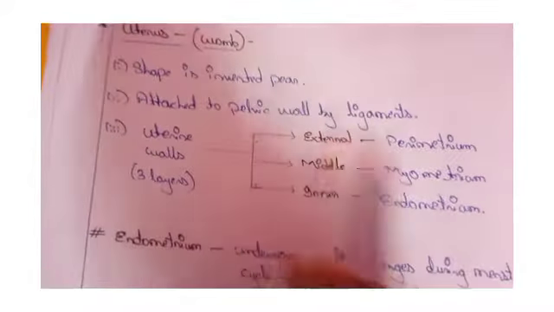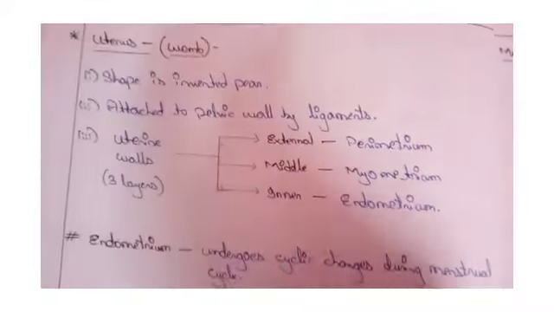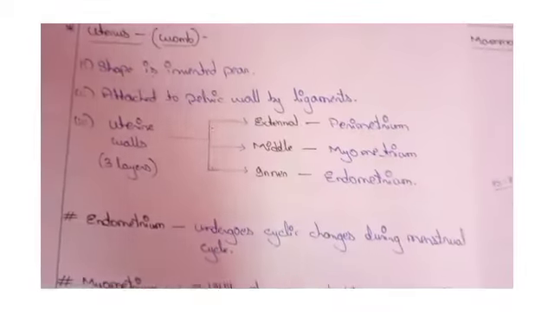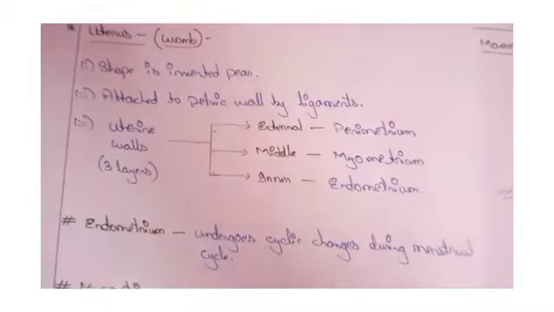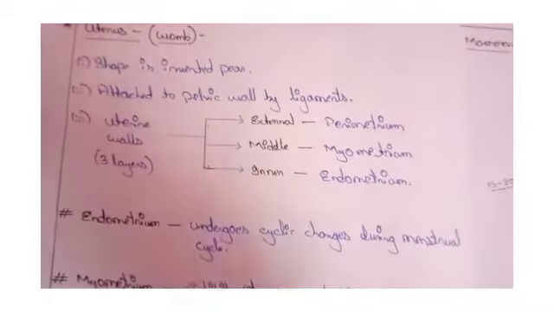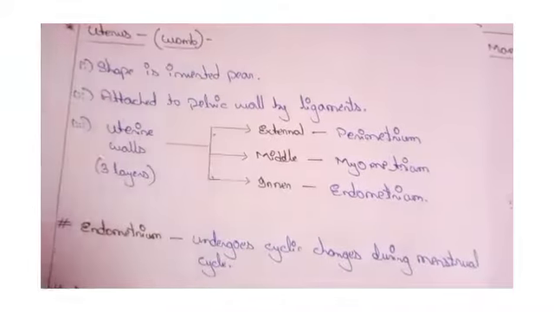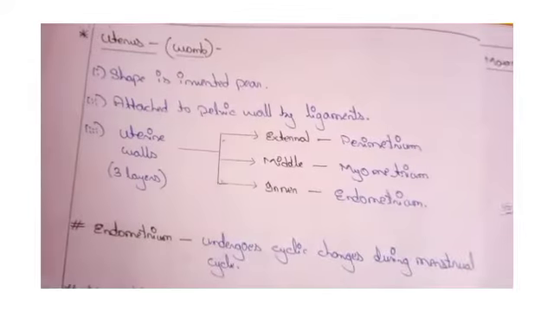Uterus is also called the womb, and its shape is an inverted pear. It is attached to the pelvic wall by ligaments. In the uterus the fetus is developed, meaning a baby can develop in the uterus of the mother.